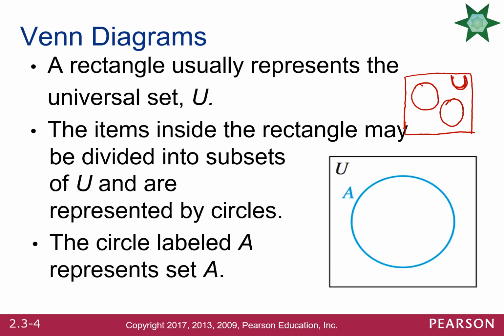Right? So here we have a picture they've given us. The circle labeled A represents set A, and A will contain elements from the universal set. Again, you can have more than one circle, more than one subset created from the universe of values. All right?